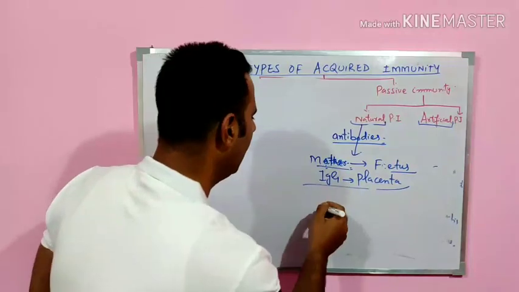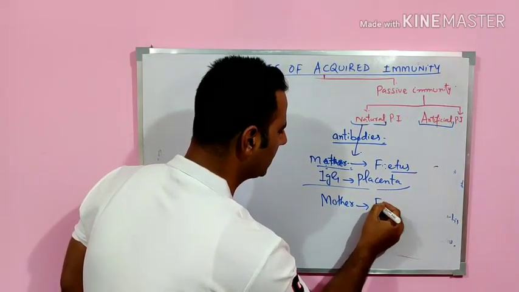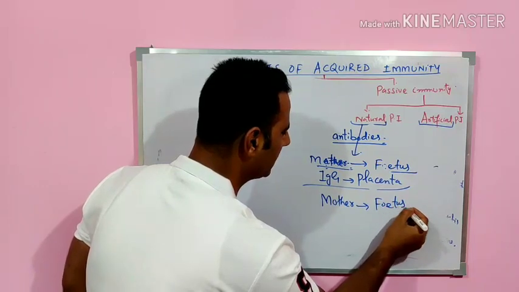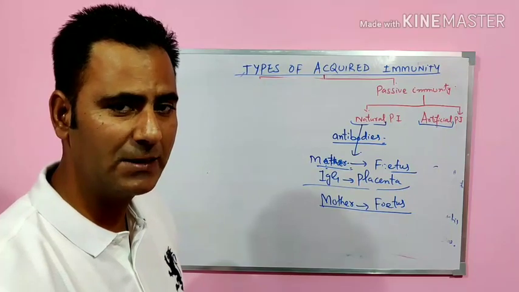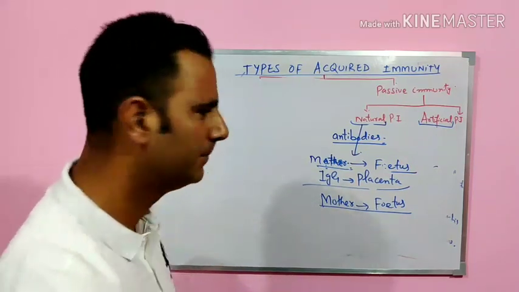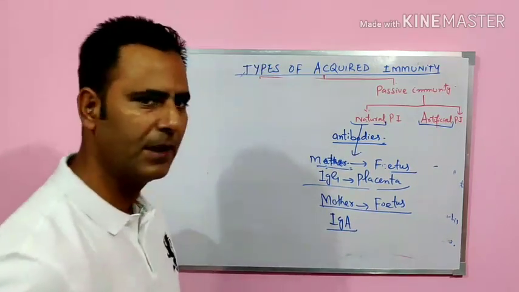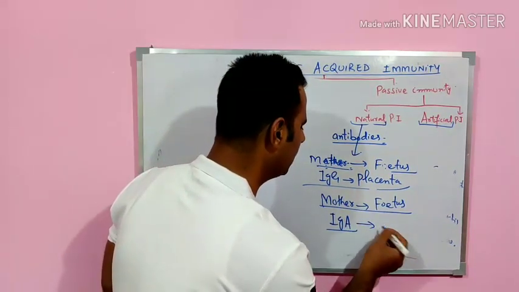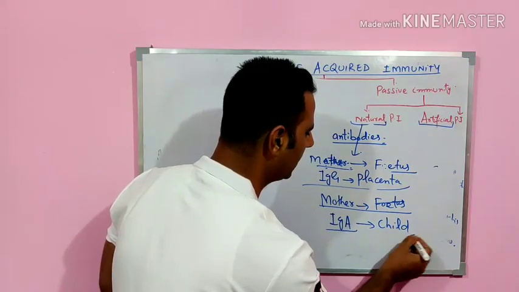One more thing, again there is the same connection, transfer of antibodies from mother to child. This transfer of antibodies takes place at the time of breastfeeding. The milk of the mother has antibody IgA, and this antibody is given to the, not fetus, it is given to the child. It is a mother-child connection.